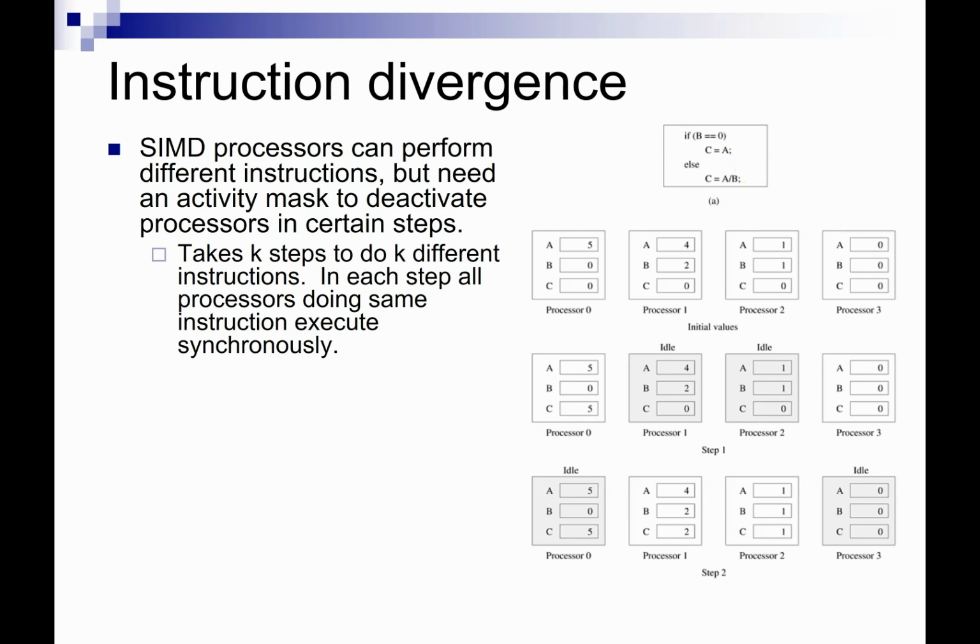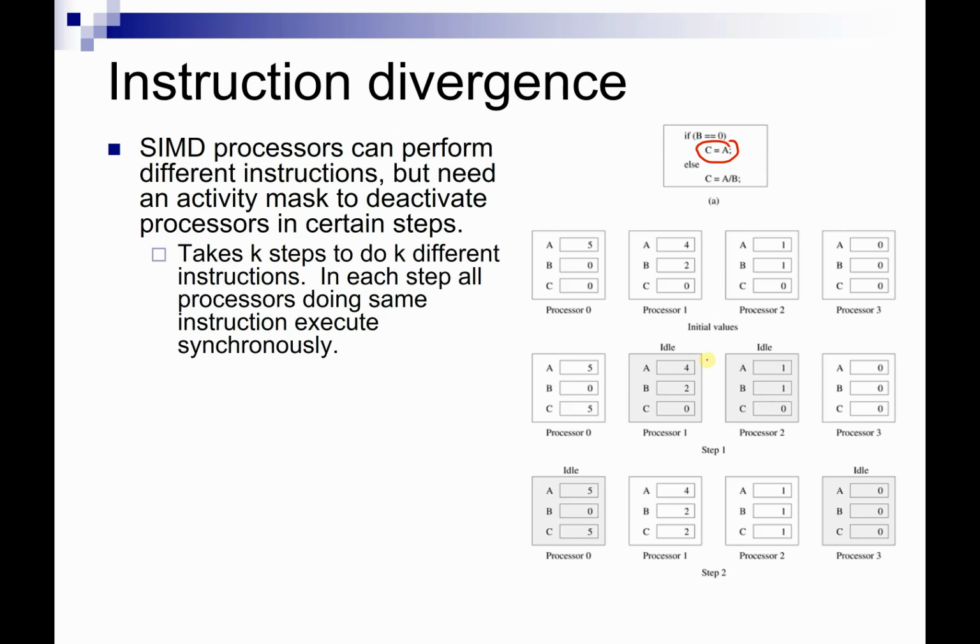On the first time step, both of them get to do this c equals a instruction. However, the other 2 processors, P1 and P2, since their b is not equal to 0, are not going to do the c equals a instruction. Therefore, on the first time step, since we require all processors to do the same instruction, we just have to deactivate P1 and P2. They don't do anything in the first time step.